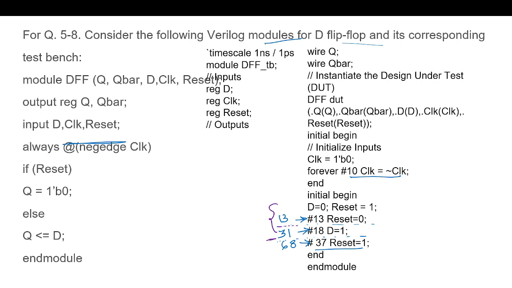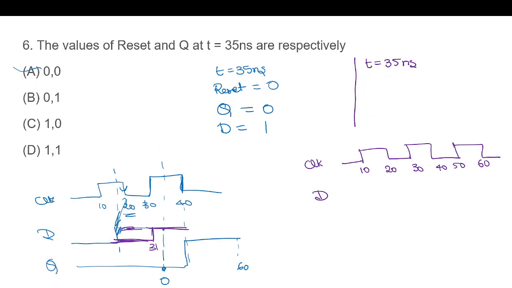So at 31 only it is becoming 1. So 31 is somewhere here, till then 0, then only it is getting to 1. So this is a negative edge, so every negative edge only it will toggle. So at this point, my Q will be 1. This is 40.